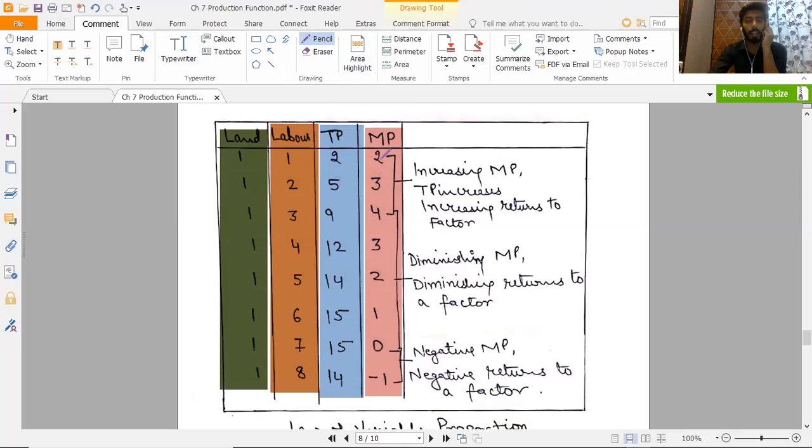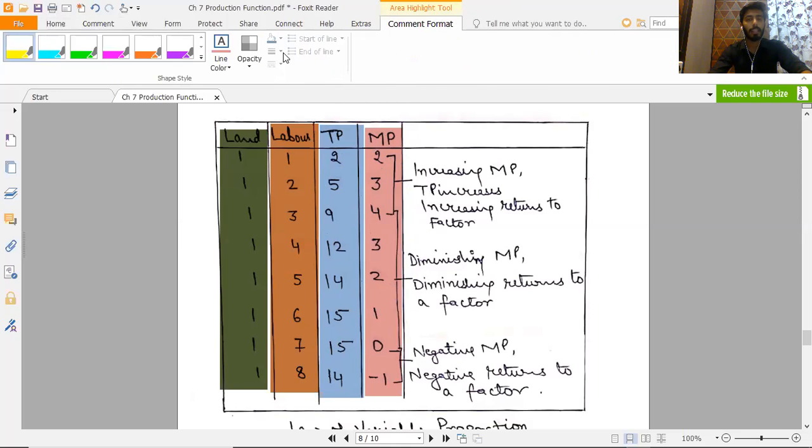Now can you see till here, in the initial phase? Let's see what is happening in the initial phase, when the MP is 2, 3, 4, till the third unit of labor.